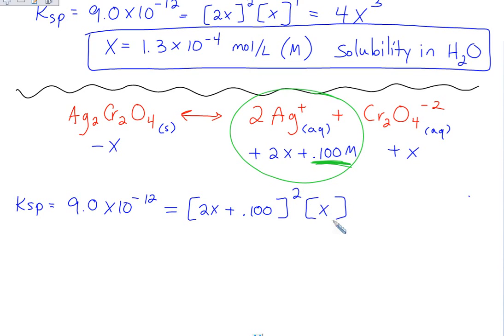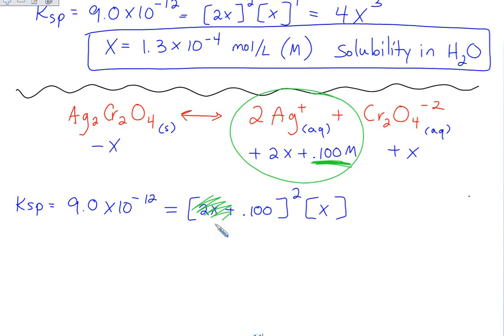Icky. Do you think we could use the 5% rule? Absolutely. We're going to add a little bit of extra silver, but probably not much. That K value is really small, so I could make my life easier by getting rid of that plus 2x.